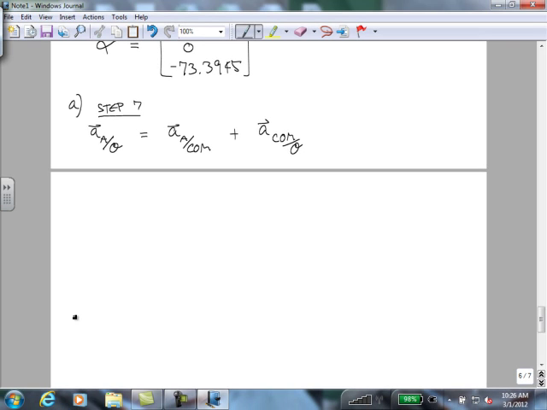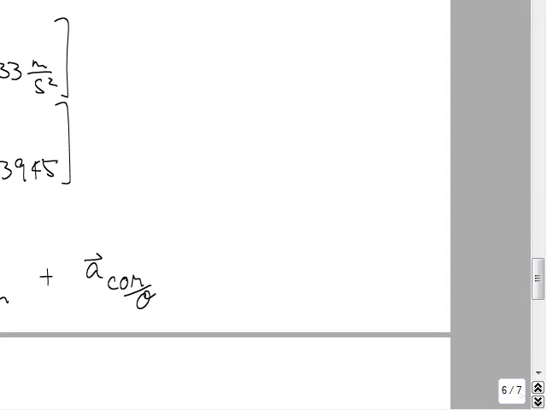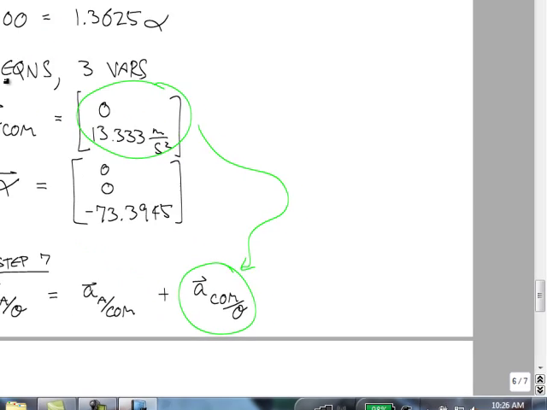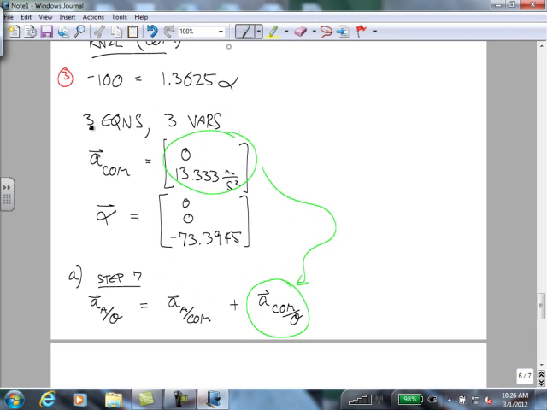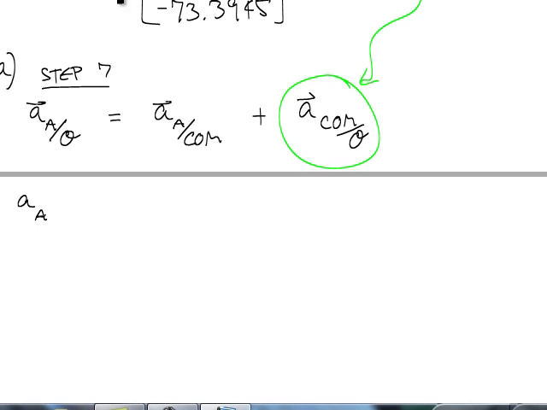This is this. And the acceleration of A relative to the center of mass is alpha cross R plus omega cross omega cross R.